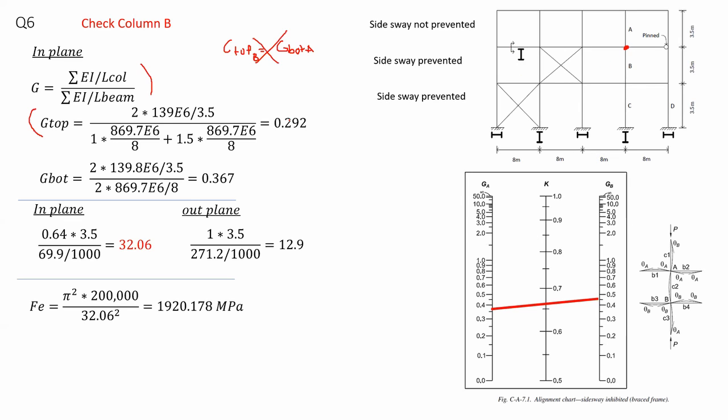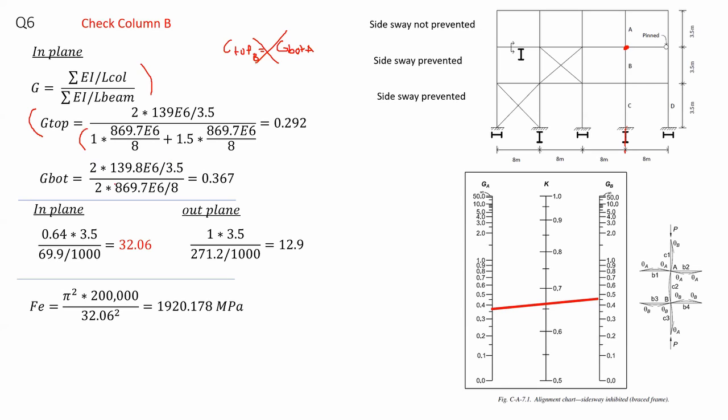So this does not apply. Therefore, G top for column B, I have two columns connected to this point, A and B, 2 multiplied by IY, because the column would buckle about the weak axis, and divided by the length of each column, 3.5 meters.